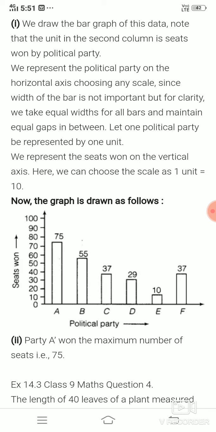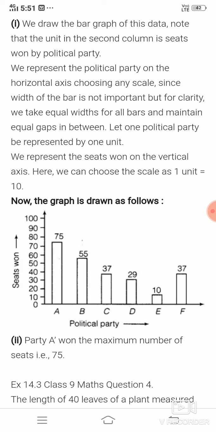So A, B, C, D, E, F are rectangles: 75 is between 70 and 80, the middle line; 55 is between 50 and 60; 37 is between 30 and 40, at the seventh line; 29 is just below 30, the first line, or from 20 to 30 the ninth line; then 10 we can mark exactly, and 37 we can also draw.